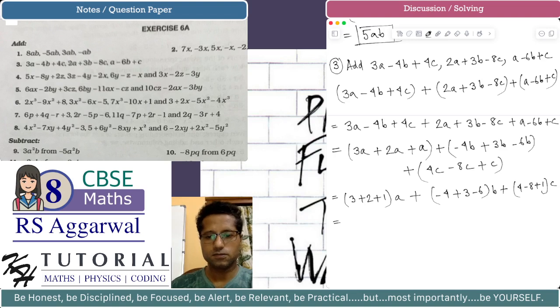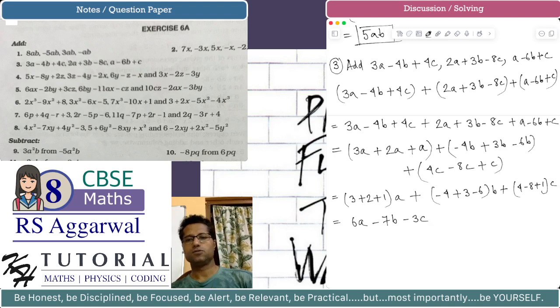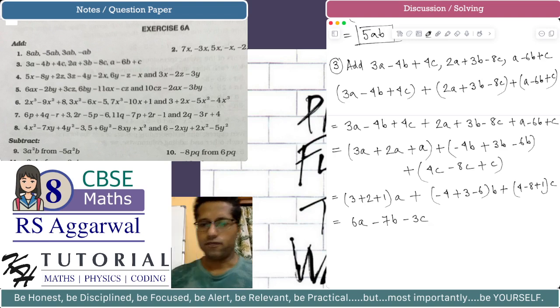So this becomes 6a minus 7b, and minus 3c. So this is the final result, the final expression of the sum of the given three algebraic expressions.